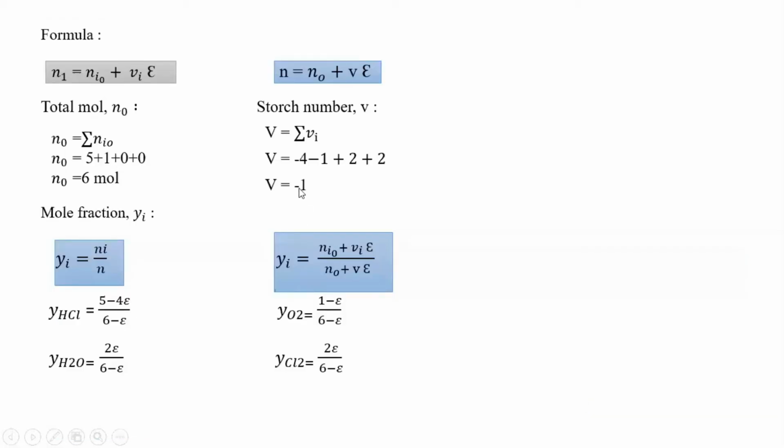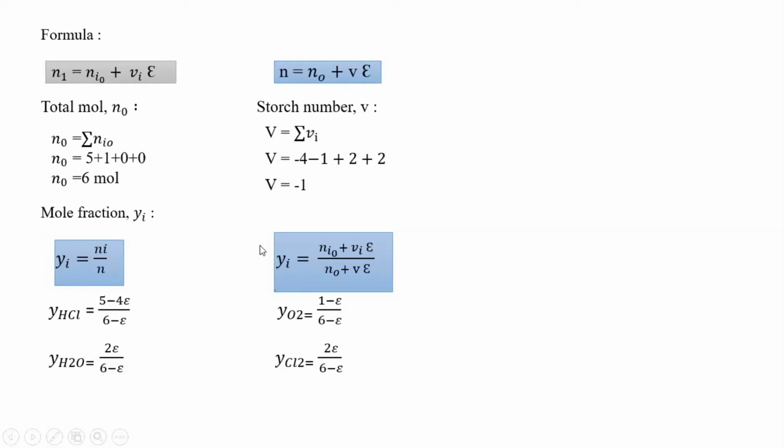Okay, in order to get the mole fraction of a specific species, yi is equal to the number of moles of the specific species over the total moles of all species.